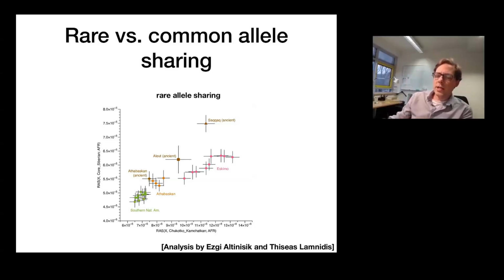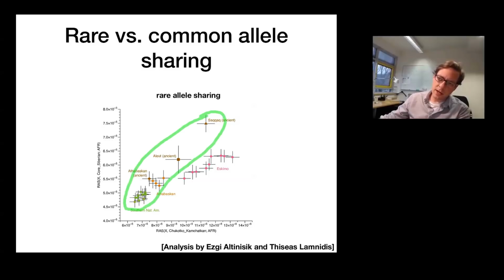And you can see that there are actually two clines. There's one cline going all the way from Southern America up to Saqqaq, which is the Paleo-Eskimo. And you can see that ancient Aleuts, as well as ancient Athabascans and modern Athabascans, fall nicely in between them, proving that they are consistent with a single admixture between Paleo-Eskimos and Southern Native Americans.